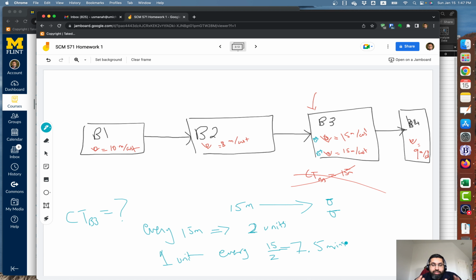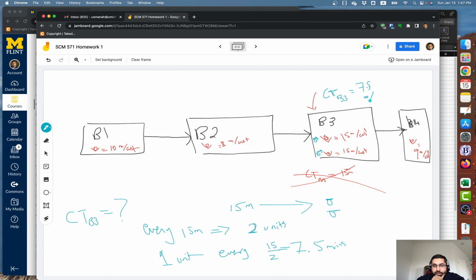The rate of work is 7.5 minutes per customer. Okay, so the cycle time for B3 equals 7.5 minutes per customer.